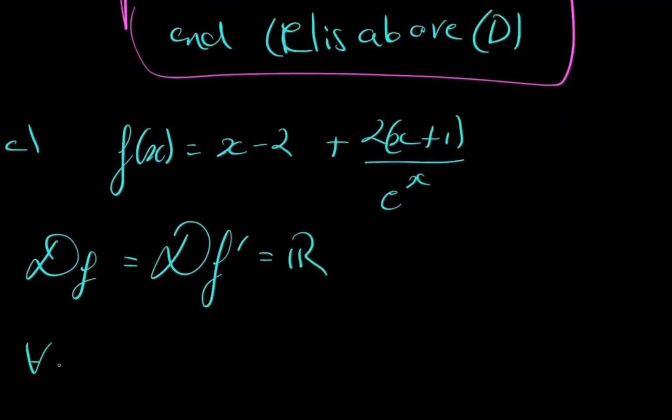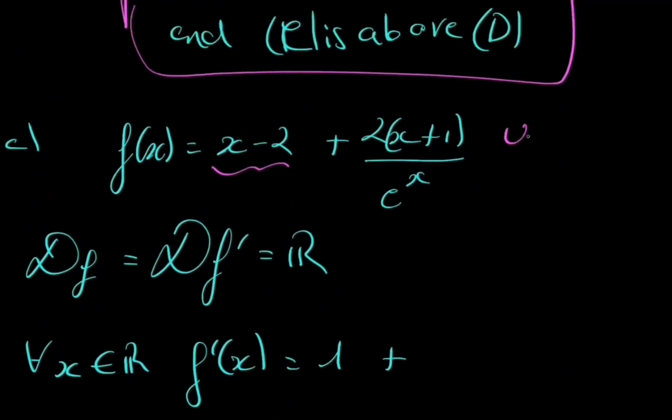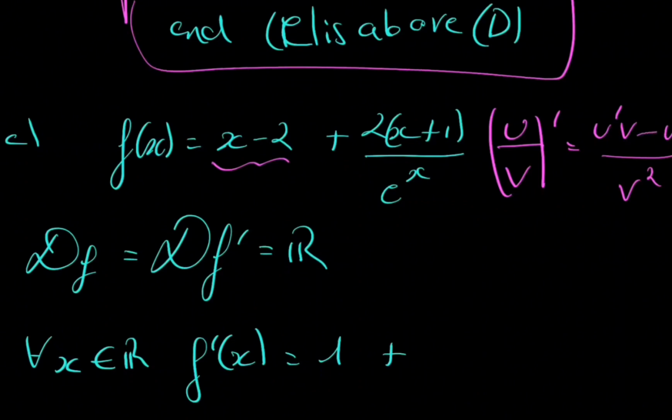So let's derive the function for all x in R. F prime of x exists and is equal to, so for this part, easy, we've got 1 plus, so we've got something like u over v, and when we derive that, we've got u prime v minus u v prime over v squared, and that's a minus here.